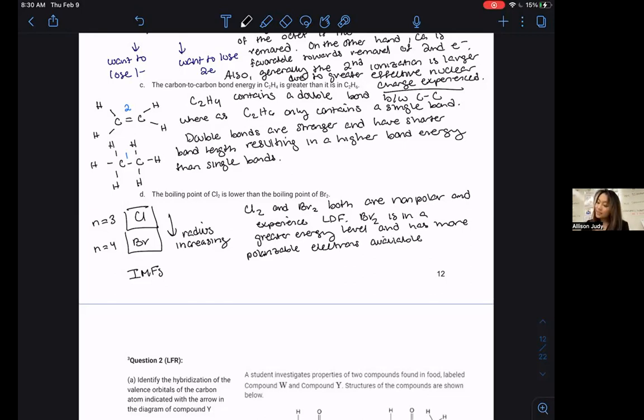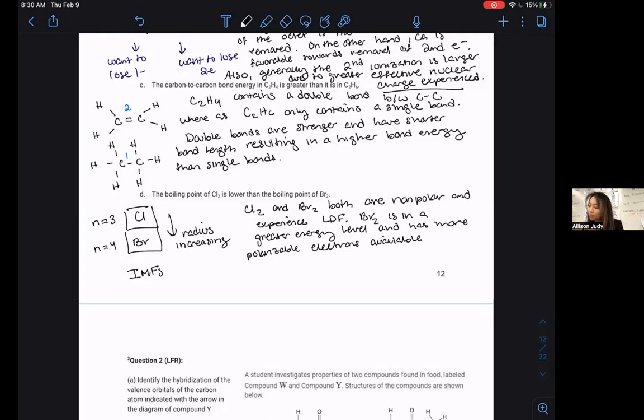And that matters because the only way London dispersion forces actually change within a nonpolar molecule is depending on the amount of electrons you have available to create a greater or a weaker shift.